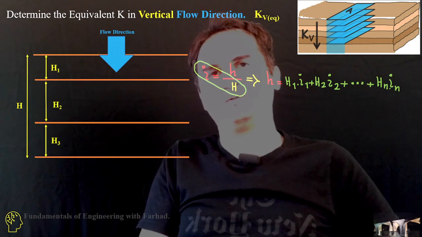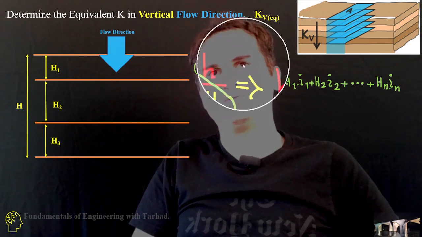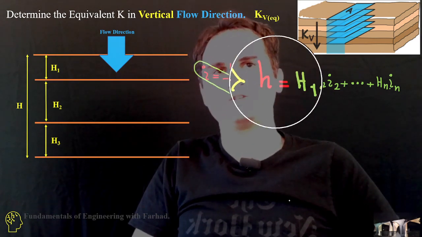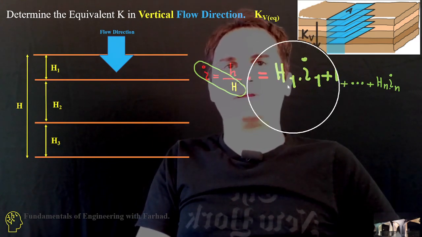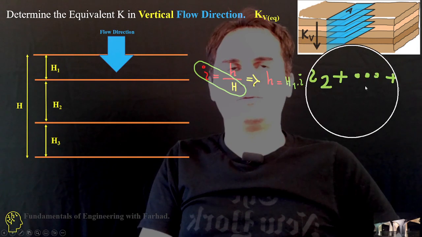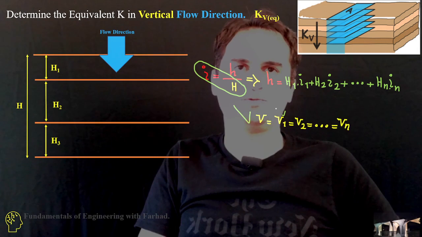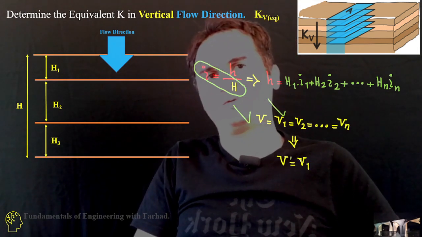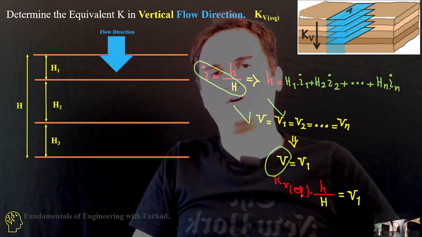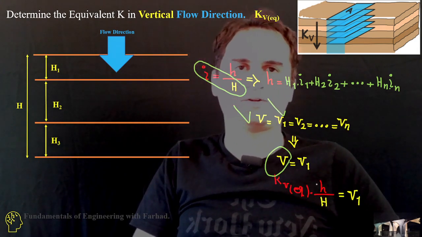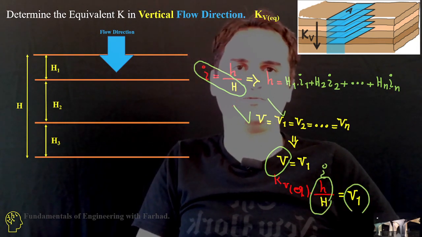So if I is equal to h over capital H, if we rearrange the equation and write it in terms of lowercase h, it gives us lowercase h is equal to h1 I1 plus h2 I2 and so on, plus hn In. And if v is equal to v1, we can write total velocity as K vertical equivalent over capital H, which is I, is equal to v.